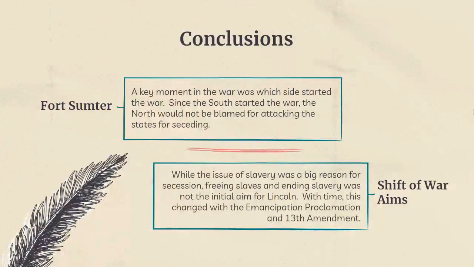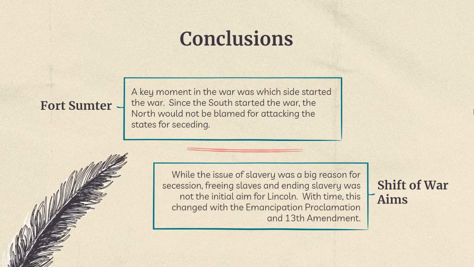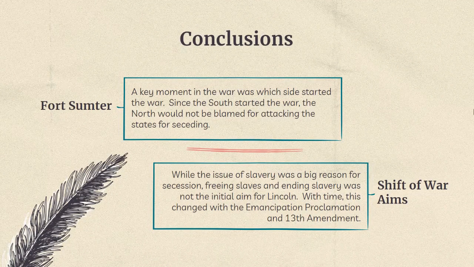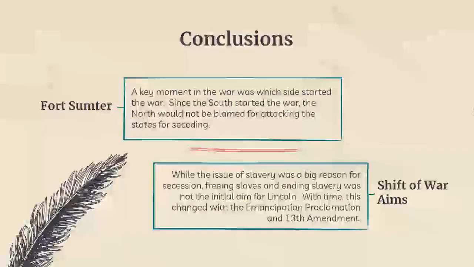Then on the back end here, shift of war aims. If you didn't catch this, it's there for you to see, but I didn't make mention of it. We start by saying Abraham Lincoln's aims were not about eliminating slavery. For Abraham Lincoln, the Civil War was not about getting rid of slavery. It was about keeping the Union together.